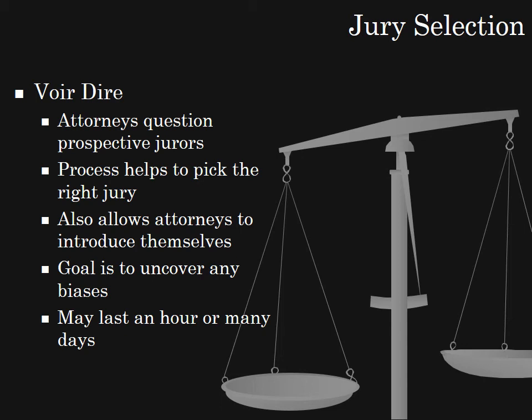Usually we're going to have a very limited amount of information given to us at the beginning about this potential juror, usually just name, address, maybe occupation, marital status, that kind of thing. But our goals in asking questions are going to be to uncover biases, and depending upon the type of trial and the publicity it's received, this jury selection process could go on for a good period of time.